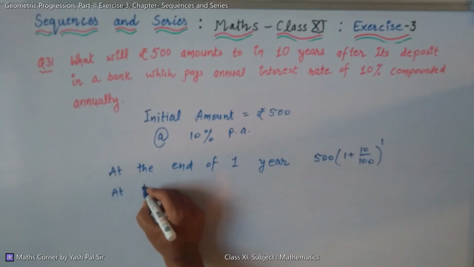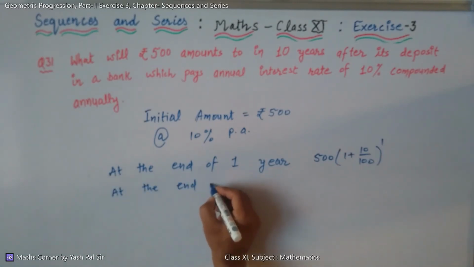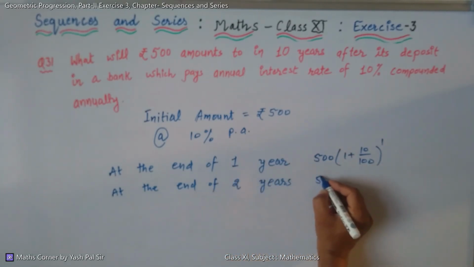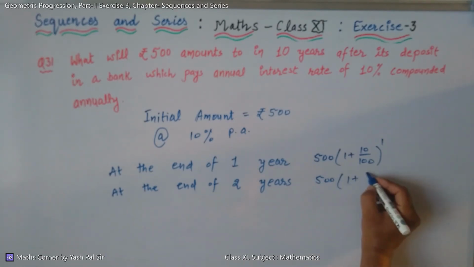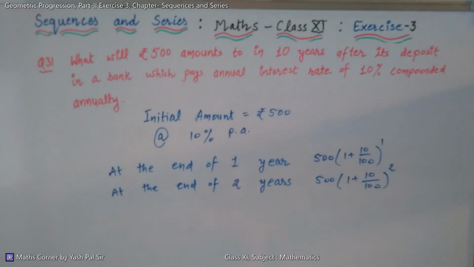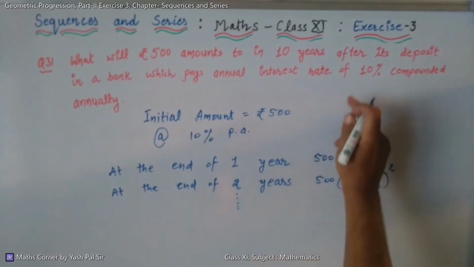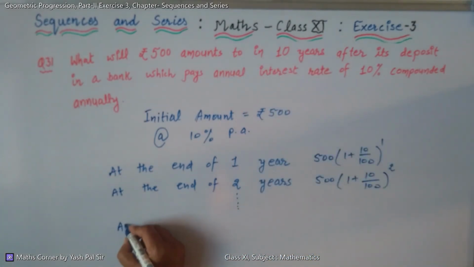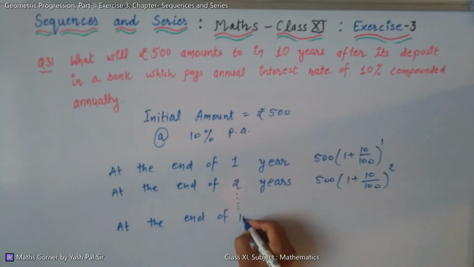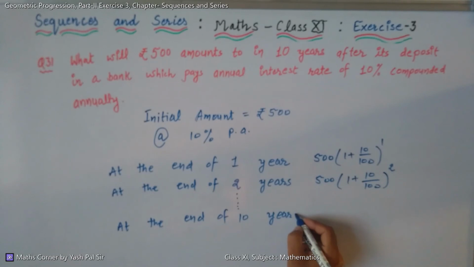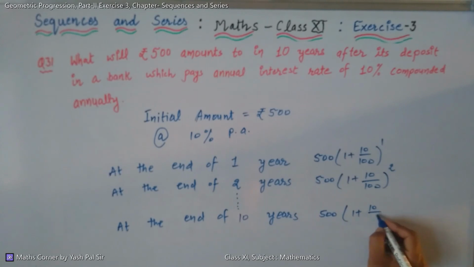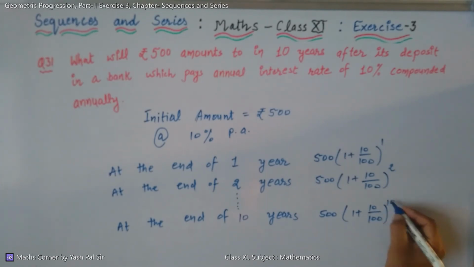Similarly, at the end of 2 years, this is 500 into 1 plus 10 upon 100 raised to power 2. So proceeding this way, at the end of 10 years, 500 into 1 plus 10 upon 100 raised to power 10.